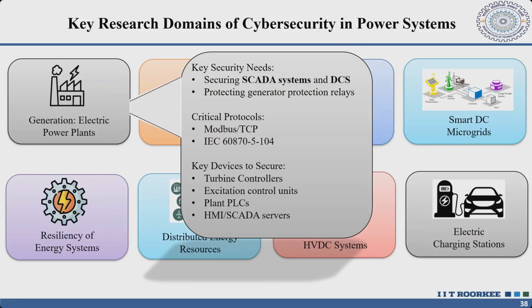This is the protocol used by most of the power producing companies. There the key devices to secure are the controllers, turbine controllers, the excitation control units, the plant PLCs, and HMI or the SCADA servers. So all these things we need to secure. So one can also look to work in this area.